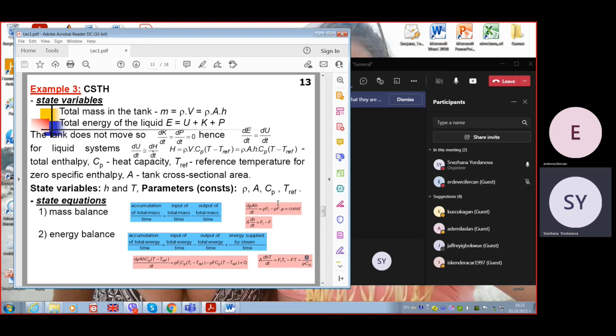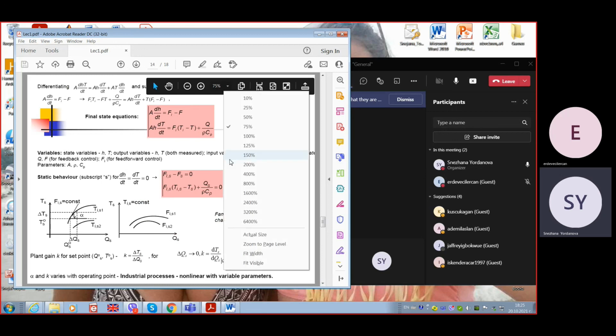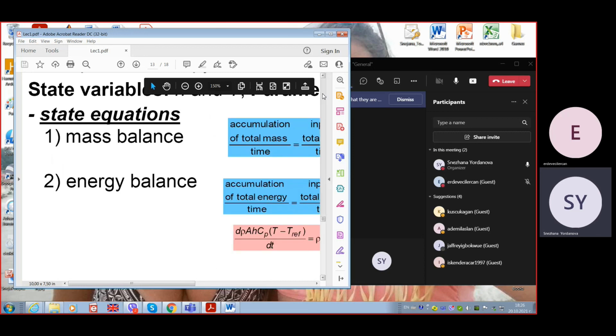It can be constant because the leaving liquid depends on the hydrostatic pressure, so it changes with level, while the other is controlled, for instance, by the controller. So actually, from these two equations, after substitution of the first into the second and differentiation, the derivative of two variables. So we have h and T are the two variables.